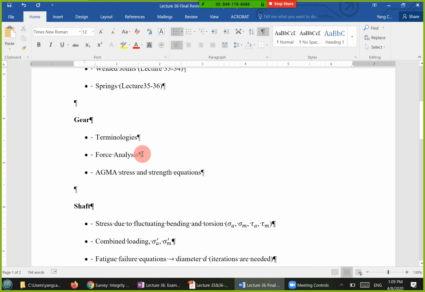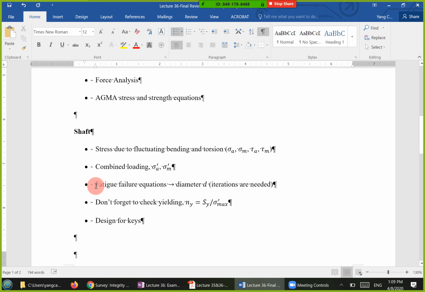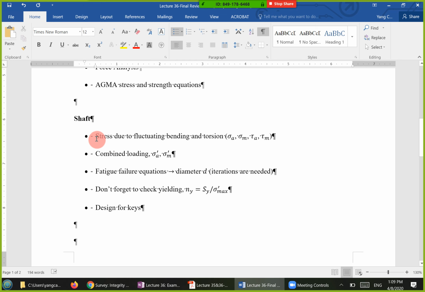And maybe I will also give you a sketch and let you write down the terminologies based on the sketch. For shaft, it's also a very important part of the exam. However, because of this whole situation, I have relaxed the requirement, not asking you to design for the shaft. But one of the quiz questions basically illustrates the type of iterative process for shaft design.